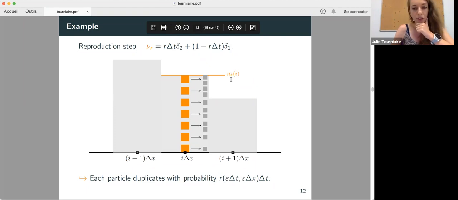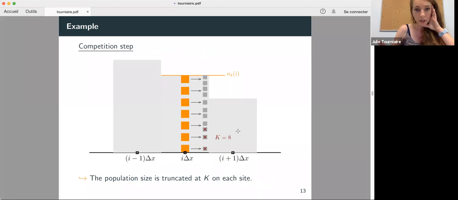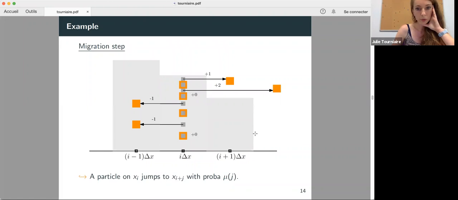So it satisfies all the previous assumptions. So each parent gives birth independently. Then we apply the competition step. We kill randomly some newborns to get at most K individuals on each site. And then all the individuals migrate.